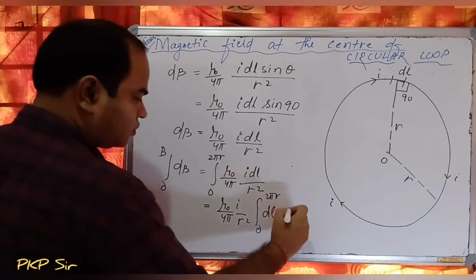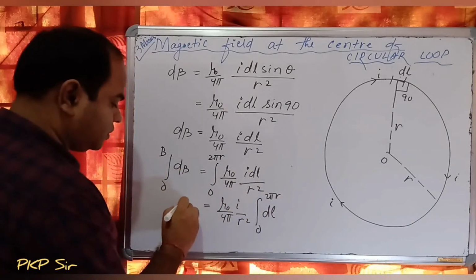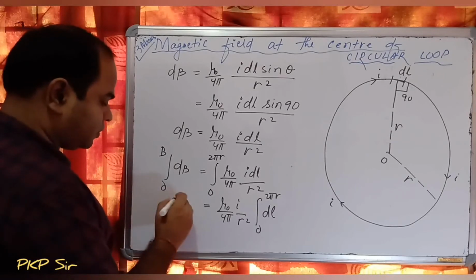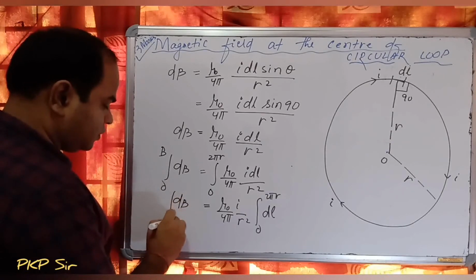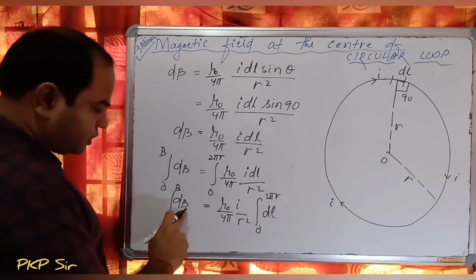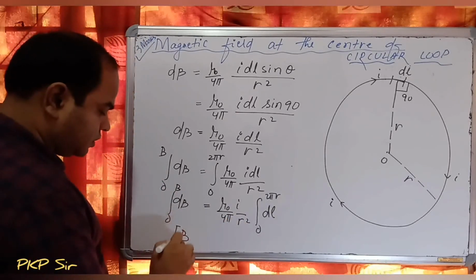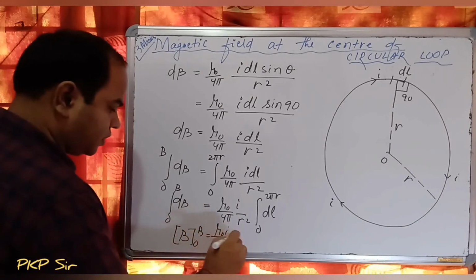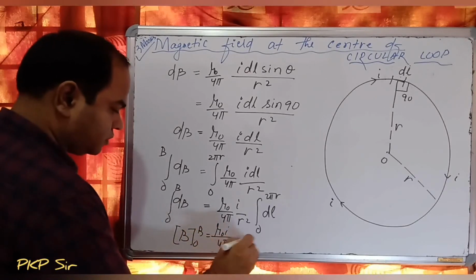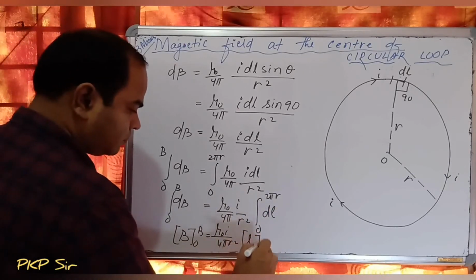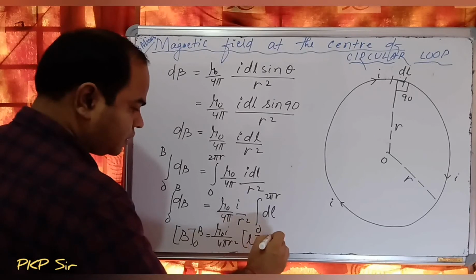And dB gives B, from 0 to B. So this is mu naught I by 4 pi r square times the integral of dl from 0 to 2 pi r.